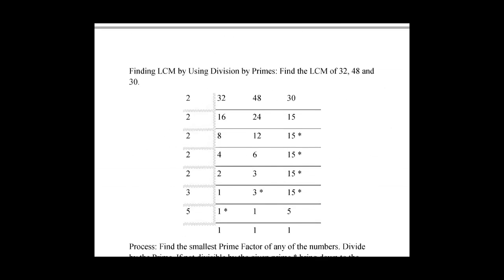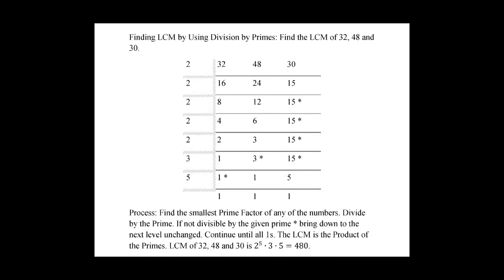So we can look at this again, finding the least common multiple by division, using division by primes. The least common multiple of 32, 48, and 30, and the process again is: find the smallest prime factor of any of the numbers, divide by the prime. If not divisible by the given prime, we bring down the number to the next level unchanged.